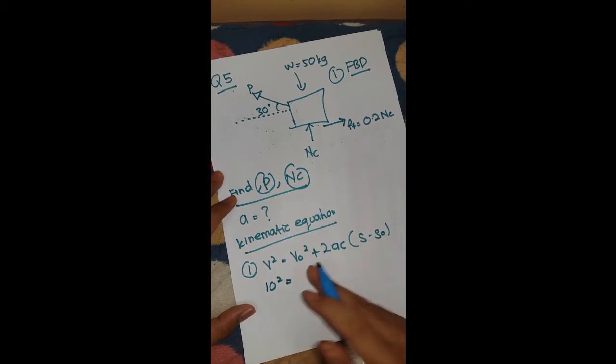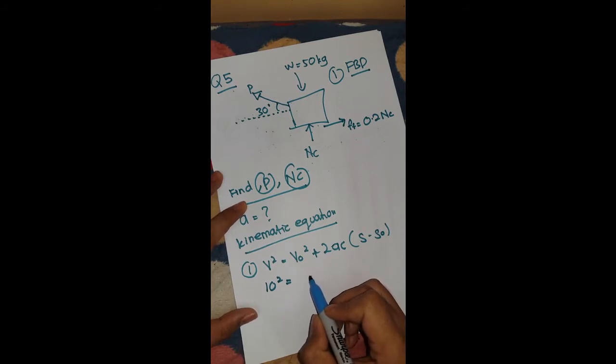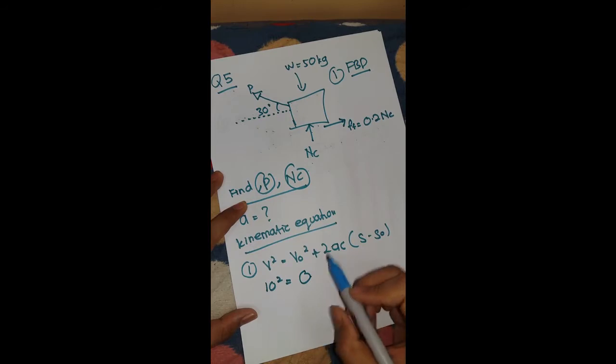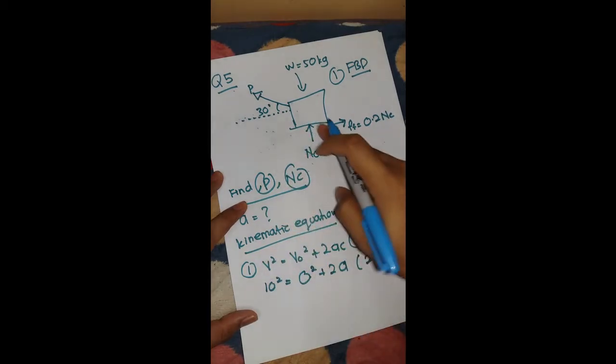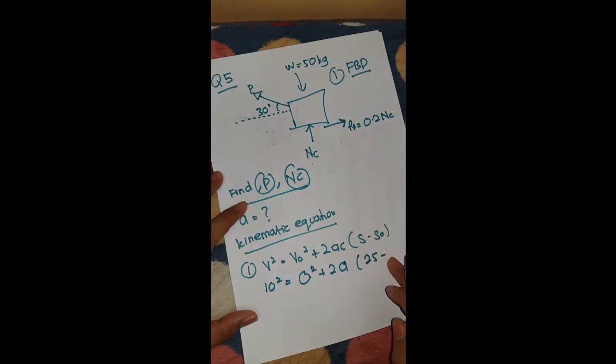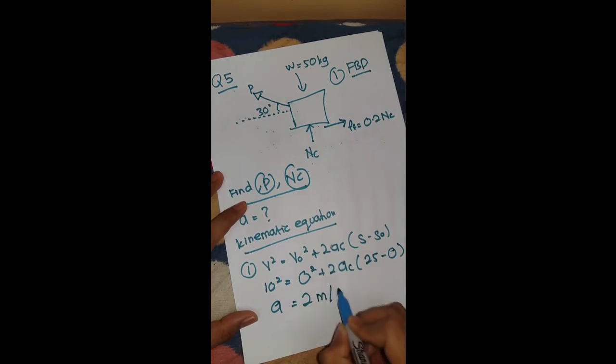The v naught is not stated, so we say it's at rest, so it's 0 because it starts from rest. Plus 2, acceleration is what we're searching for, and the distance here is 25. Since it starts from rest, we assume the distance starts from 0, so 25 minus 0. So the acceleration here is going to be 2 meters per second squared.